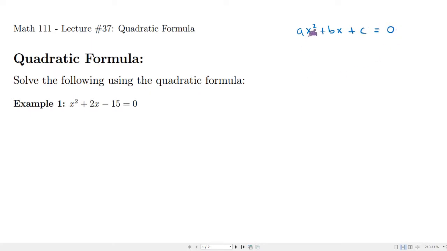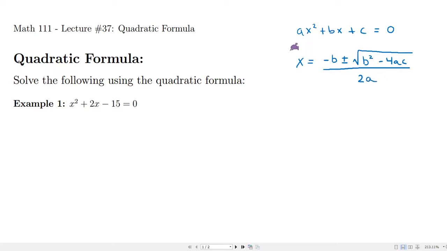Now what we can do is find the solutions to this using a formula that only depends on a, b, and c, and the formula looks like this. We're going to have two solutions, and the solutions are negative b plus or minus, so that's why we're going to have two solutions, the square root of b squared minus 4ac, all divided by 2a.